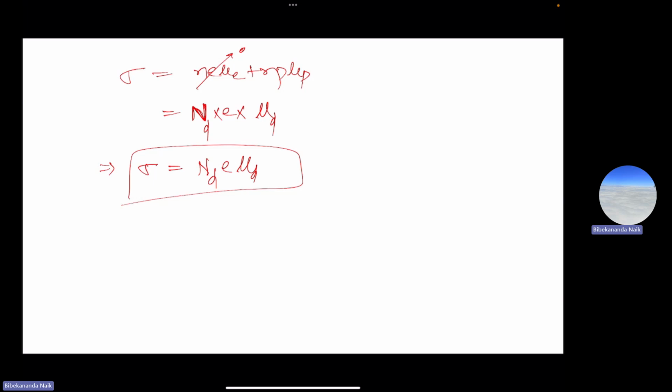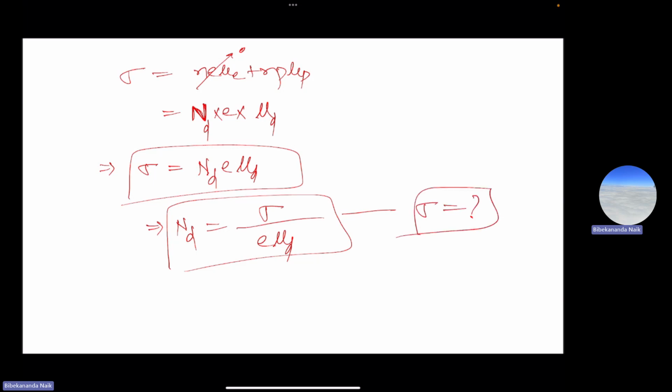Now, how will we calculate? We need to find out Nd, which is conductivity by e mu d. But we don't know the value of conductivity. From the information given in the question, the length of the germanium rod is 10 mm, resistance is given to us, and diameter is also 1 mm.